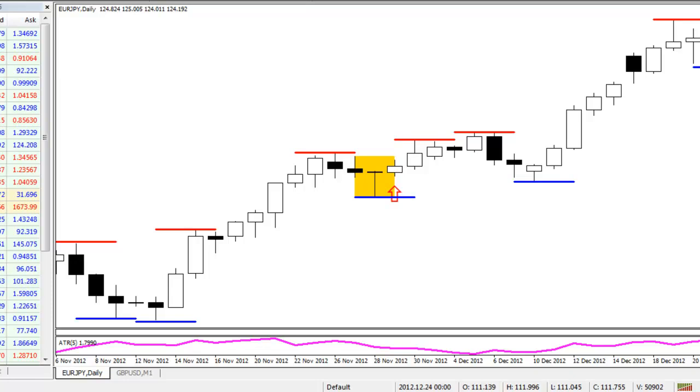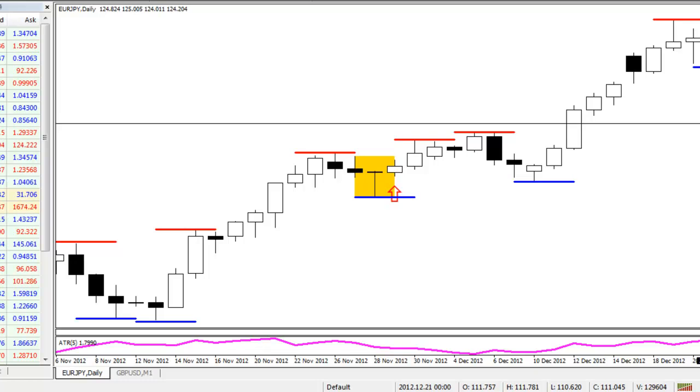We've got our entry point on the close. The stop loss is going to go 10 or 11 pips underneath the low, around here. The entry point being the close, of course, not the highs or the lows. The entry is on the close.